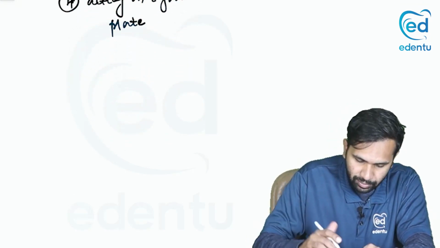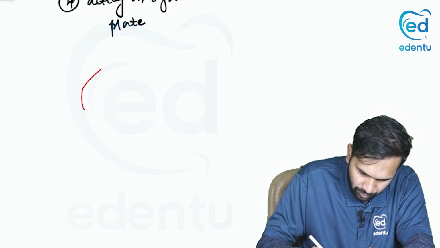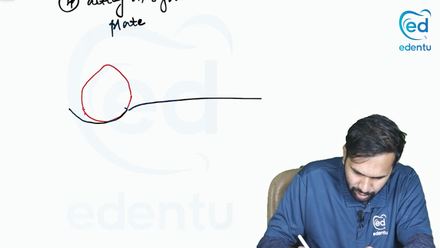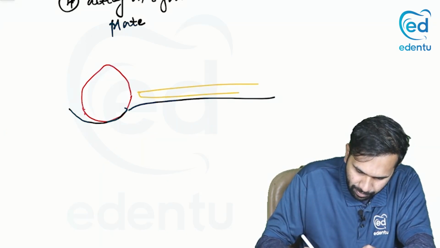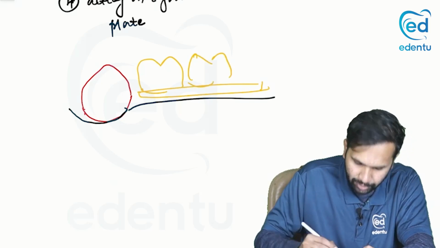So just imagine you have an RPD like this, right? This is an abutment tooth, an abutment tooth like this. This is your gingiva and the edentulous ridge like this. So let's say you fabricated an RPD here. This is your artificial teeth and all that.